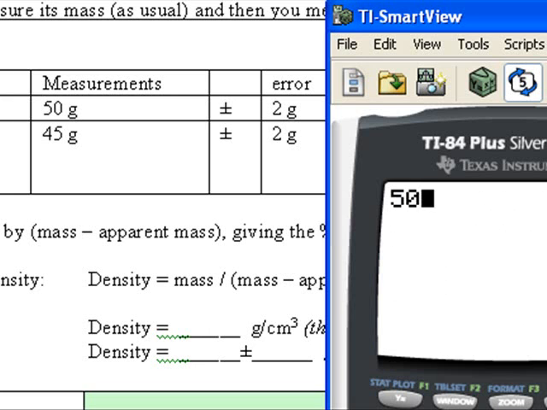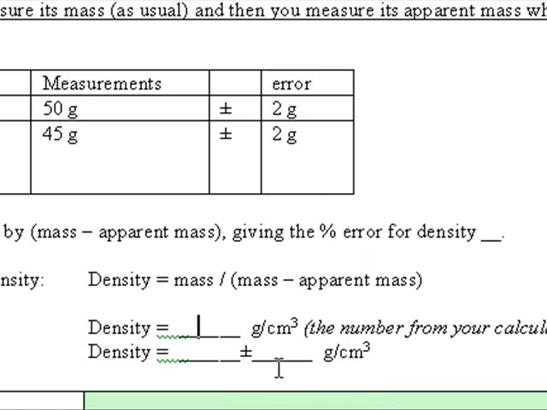So it's 50 grams divided by the difference between the two, 50 minus 45. Make sure you put parentheses around that if you do that in one step. And of course it comes out to 10. And actually it just comes out to 10 because grams would cancel, but what I just calculated is specific gravity being 10 as it compares it to water, and the density of water is 1 gram per cubic centimeter.